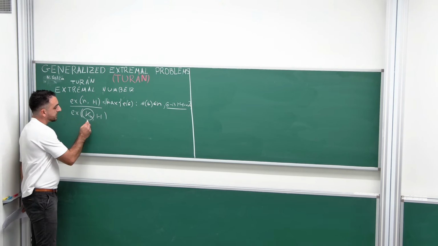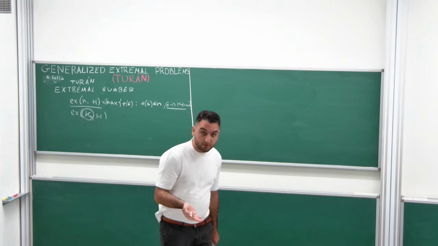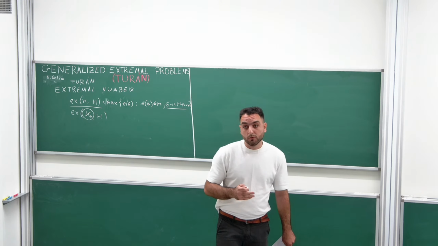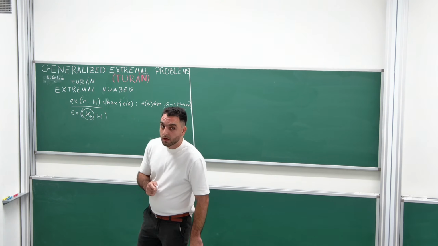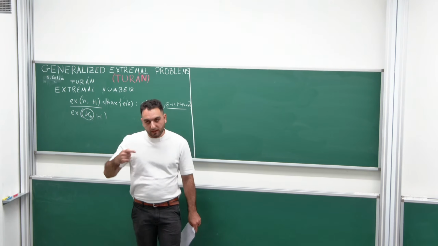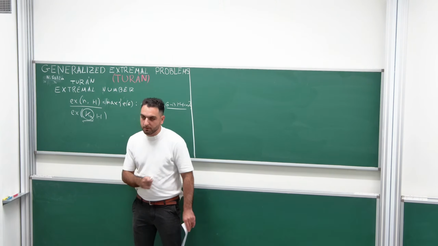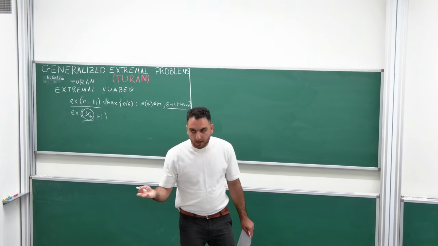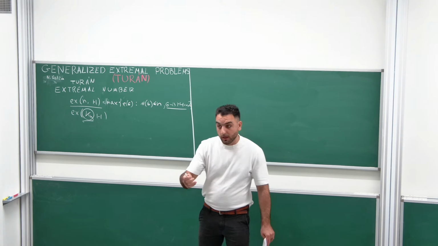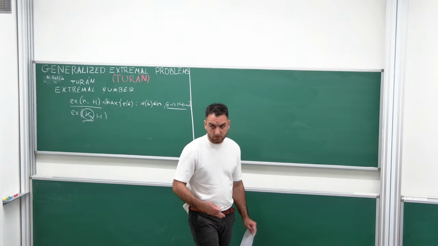Or instead of saying K_n, I can give you a class of graphs, and I can tell you: please find the largest number of edges without H in this class of graphs. For example, what can this class of graphs be? It can be all connected graphs on n vertices, or all planar graphs on n vertices, and so on.